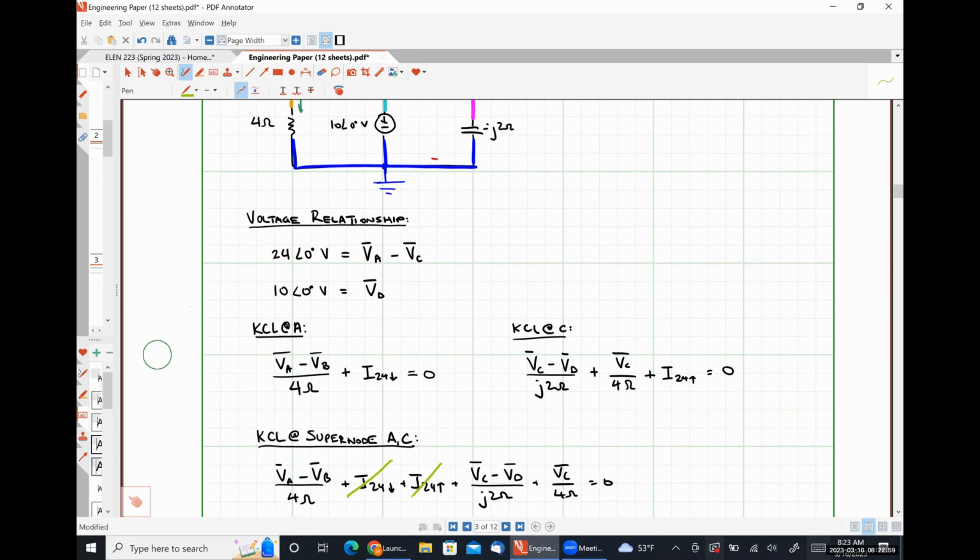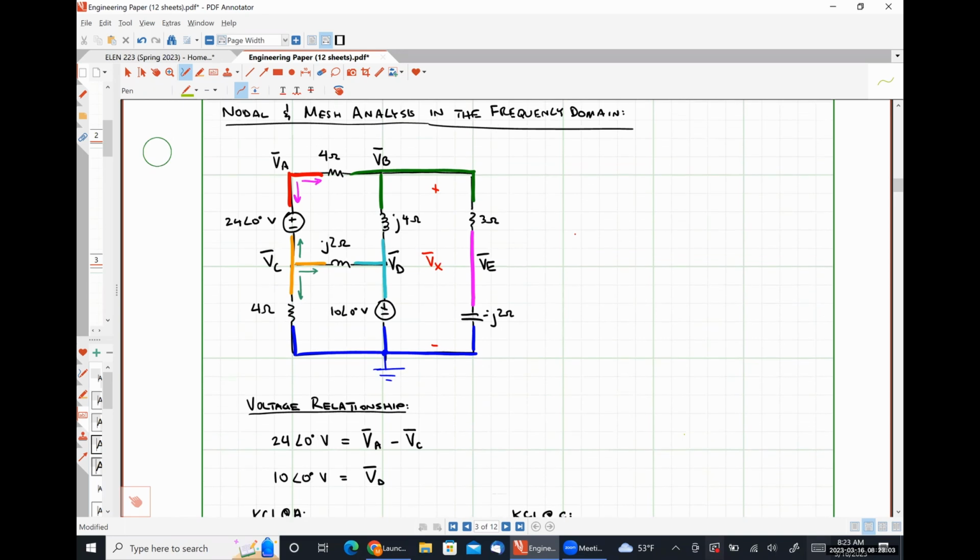And so we now have one equation, and effectively what we've gotten is the currents leaving this big thing, a supernode, that contains both nodes A and C, okay?